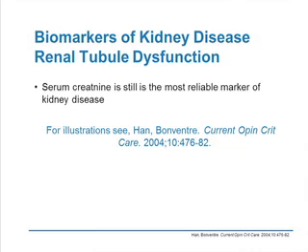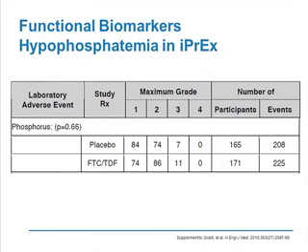This leads me to conclude that serum creatinine is still the most reliable marker of kidney disease, and we should be following serum creatinine in our patients. This next slide is an example of tracking other markers of kidney function.